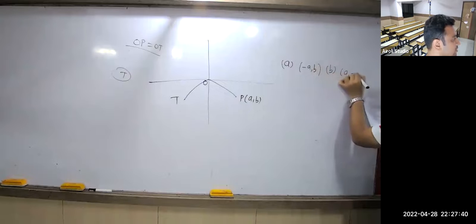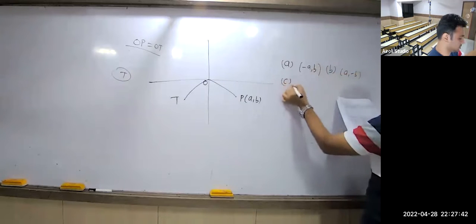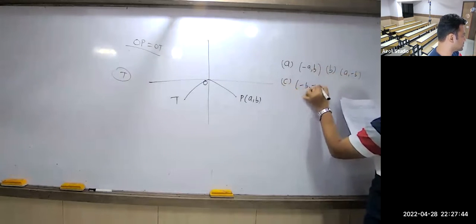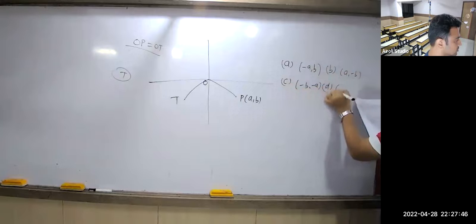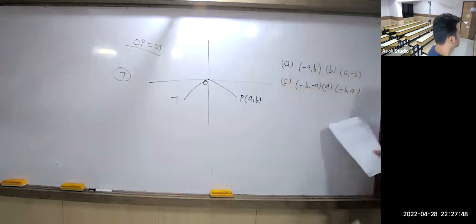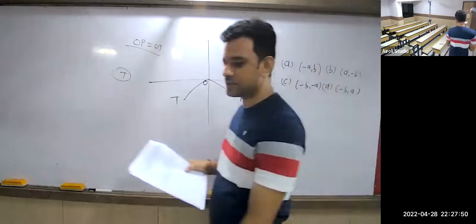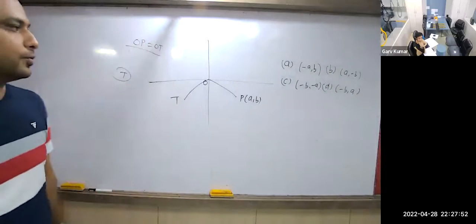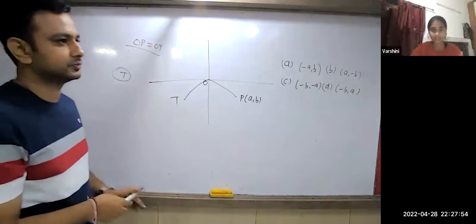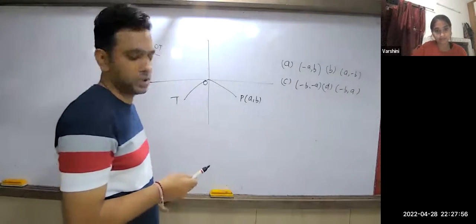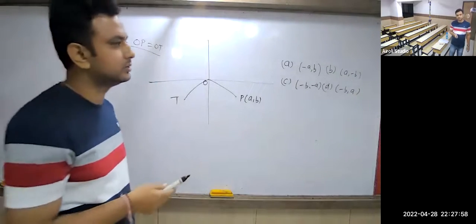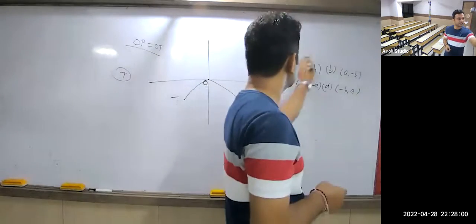So this is A comma minus B, C is minus B comma minus A, and D is minus B comma. Okay, you are saying option C. Yes, sir. Sir, I say option A. You are saying option A.